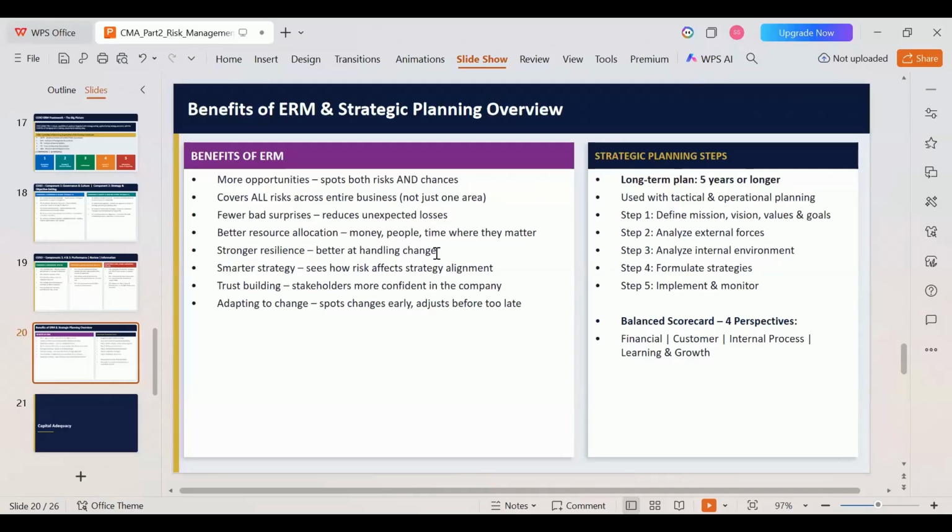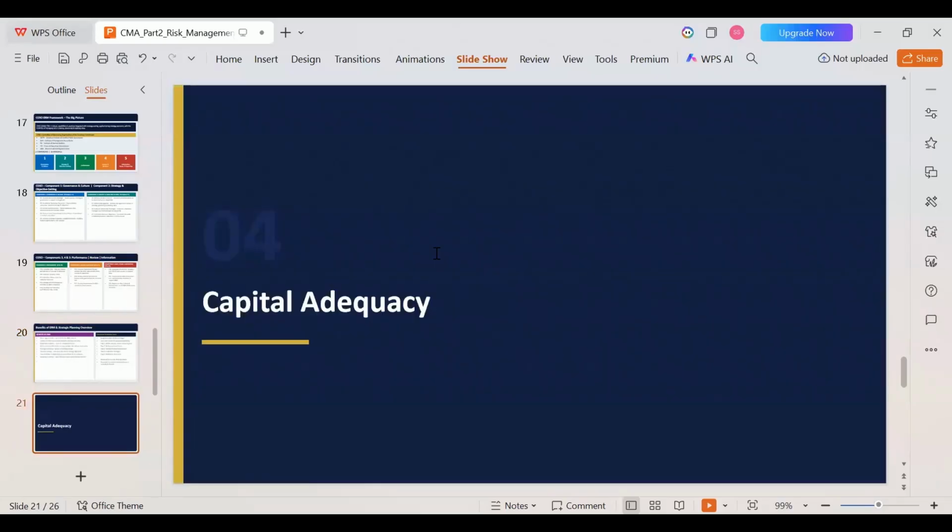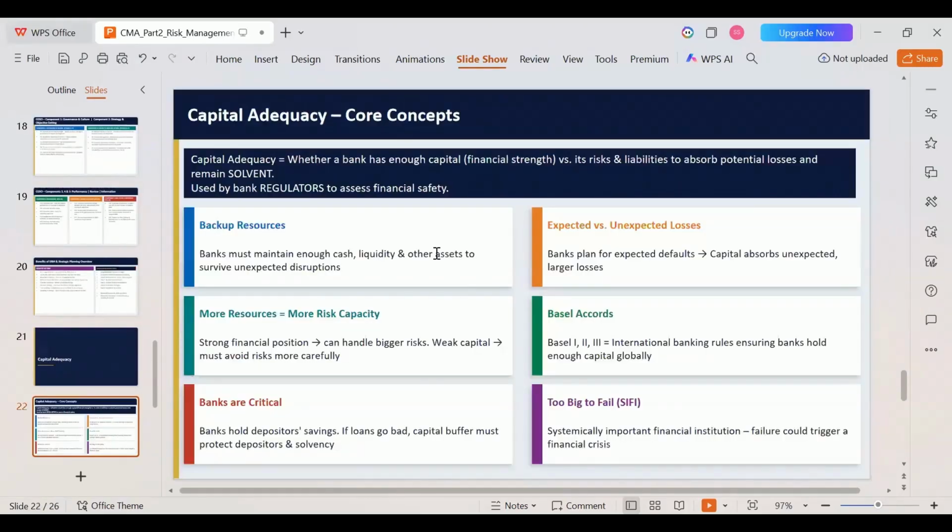Next up, we have the concept of capital adequacy. What is this capital adequacy? This concept is with respect to banks. Banks are the most important financial institutions in any given country. Why is it such an important financial institution? Because in order to develop a country, its citizens have to develop, and whatever they earn after spending, the majority of their savings will be kept in banks.